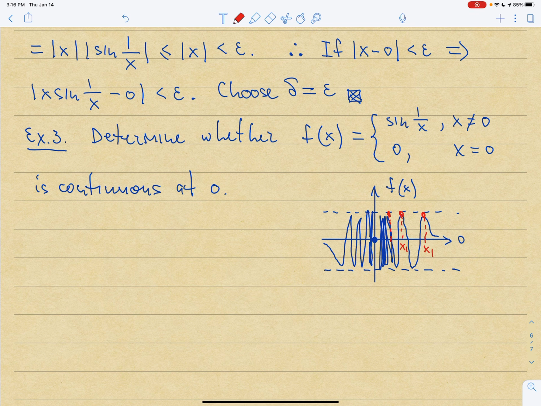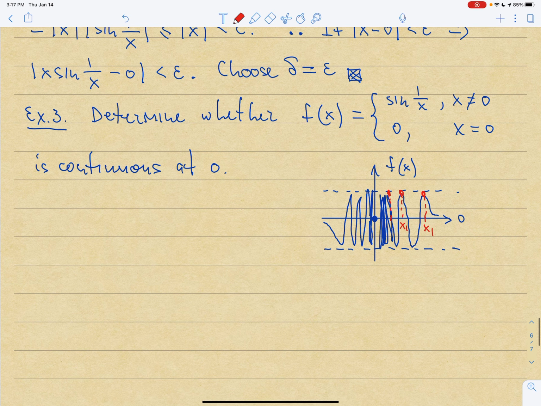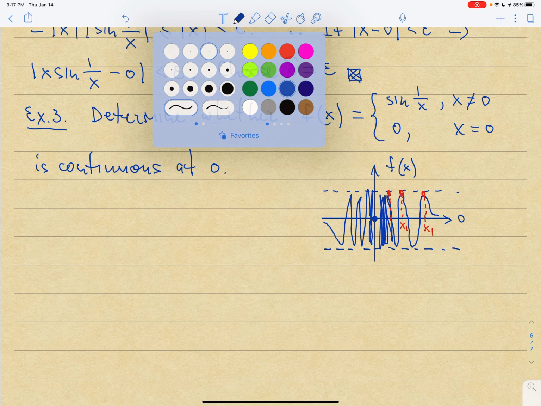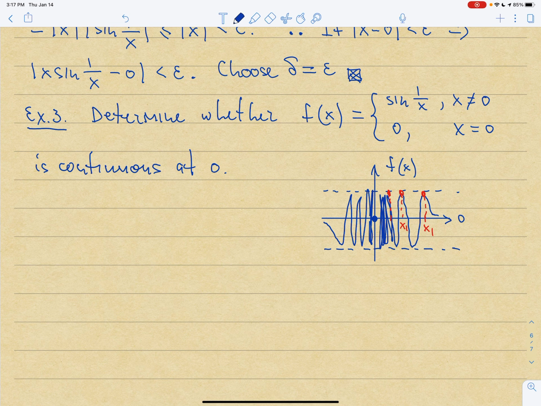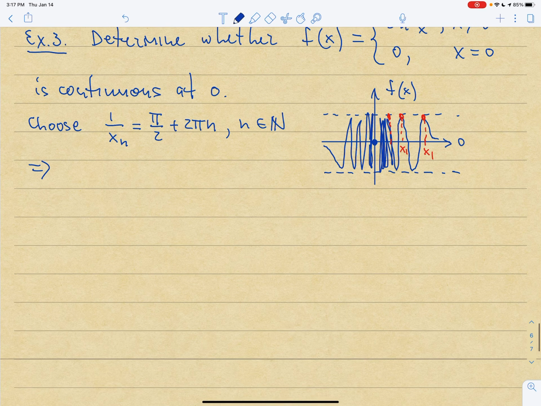So how am I going to choose my points? To design x_n, I'm going to choose 1 over x_n such that sine is equal to 1, at pi over 2 plus 2 pi n, and n is any natural number.